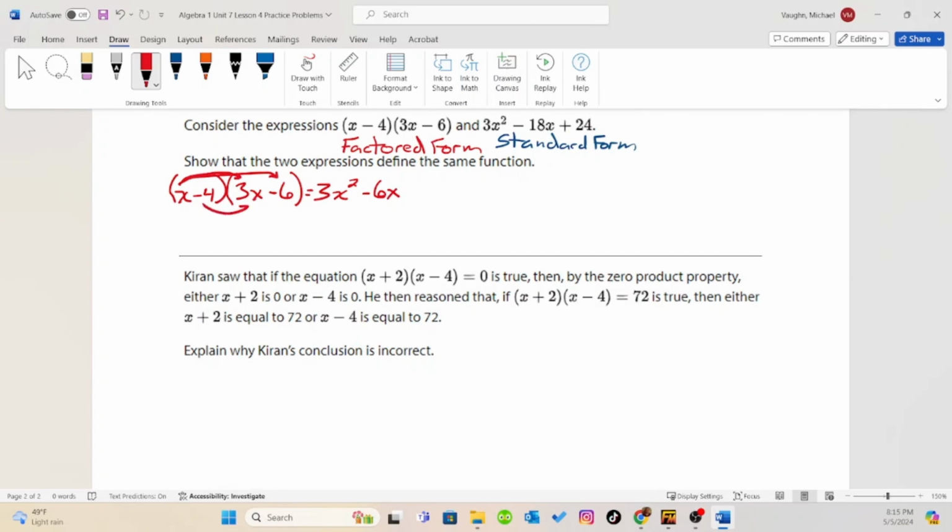Negative 4 times 3x is negative 12x, and negative 4 times negative 6 is plus 24. Now we're going to combine the x terms, and our answer becomes 3x squared minus 18x plus 24, and we can see that the factored form has been turned into the standard form simply by multiplying the factors together.